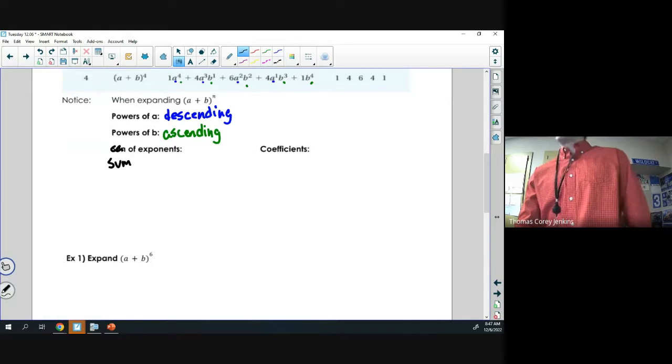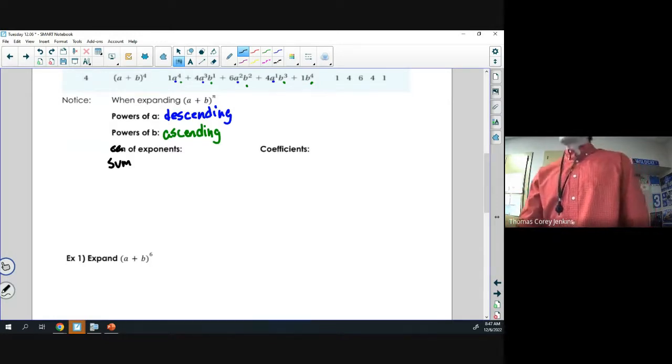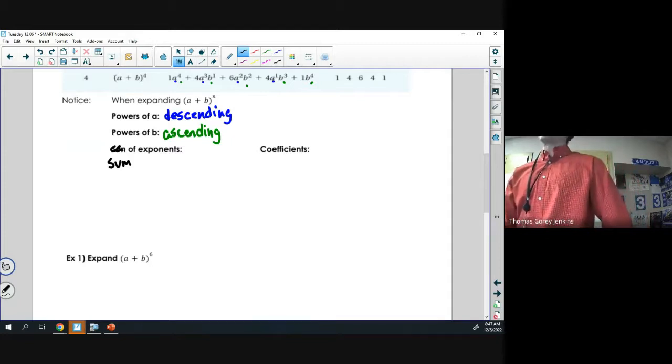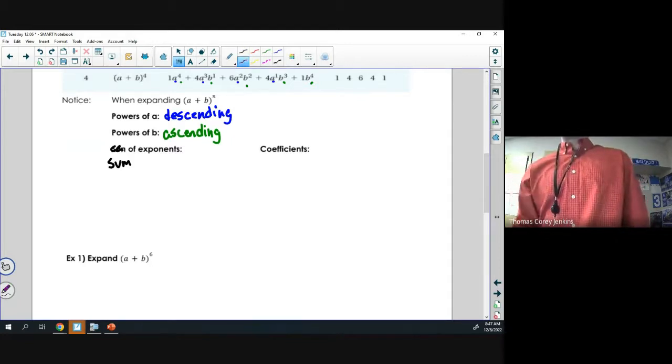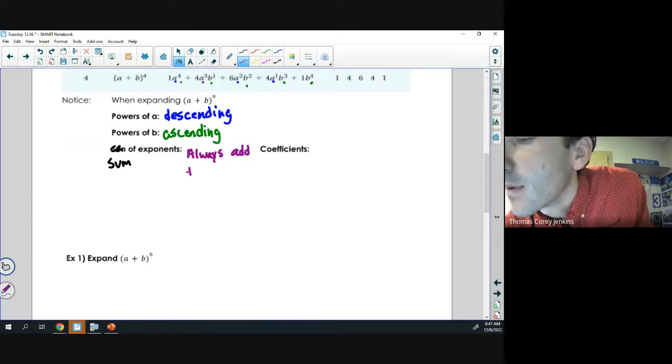Next term we have a cubed b to the first, so that sum would be 4, right? And then you have 2 and 2, and so forth. So they always add up to that highest power. So maybe just write something like that: always add to highest power.